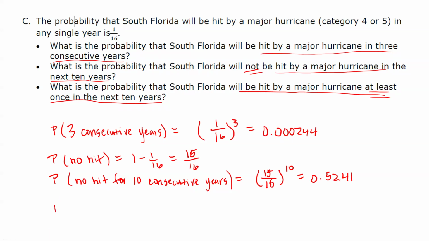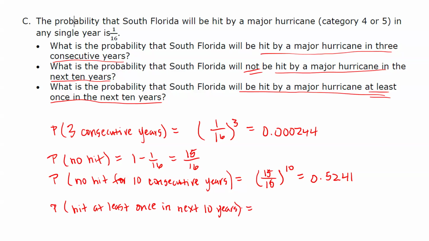And then lastly, we want the probability of a hit at least once in the next 10 years.